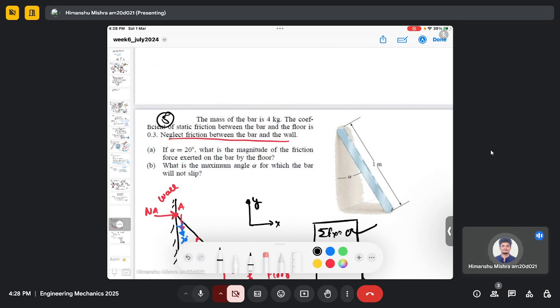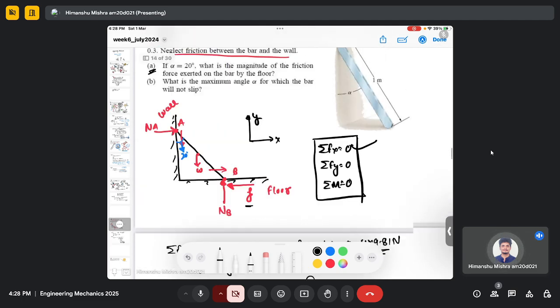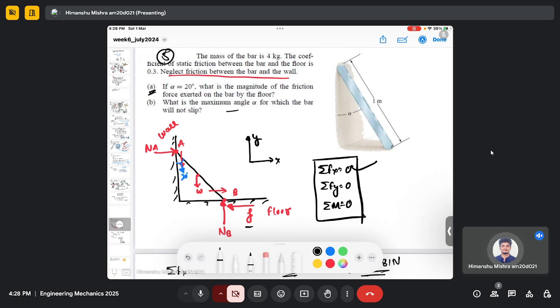So in the first part we need to calculate the friction force, and that is coming 11.772. In the second part we need to find the maximum angle for which this bar will not slip.